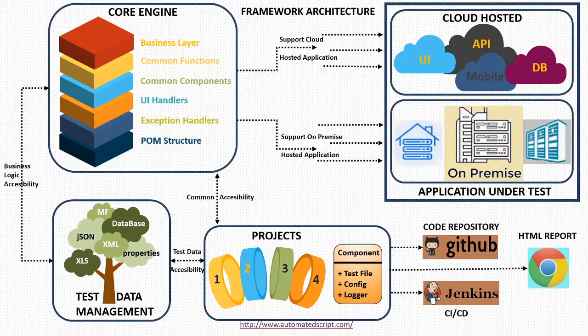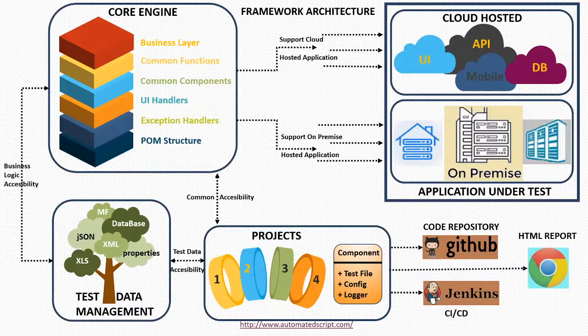Now, to build that core engine, what do I need? The first thing that I need is a business layer. It has the capability to take test data from JSON, XML, properties, DB, XLSX, or any other data sources.